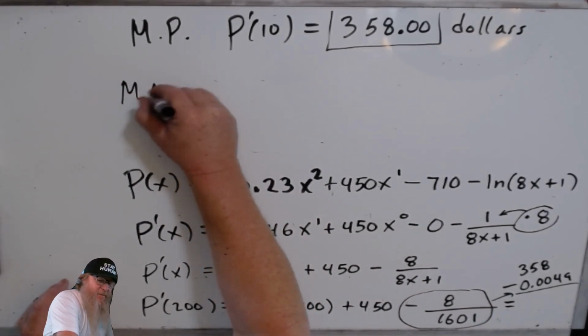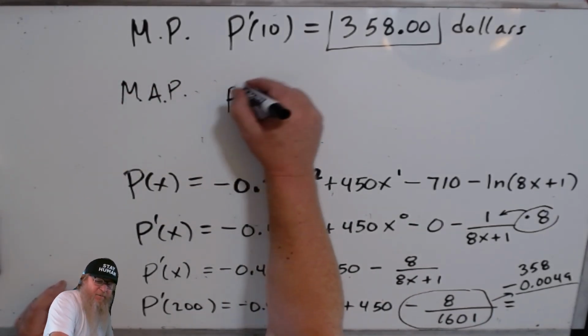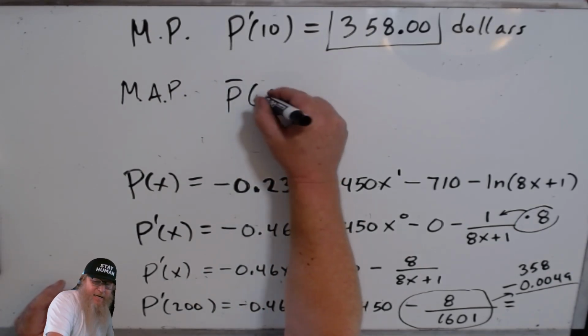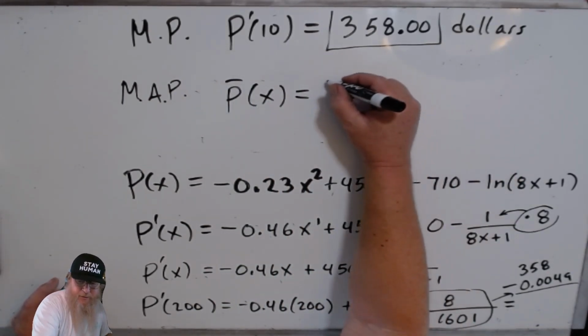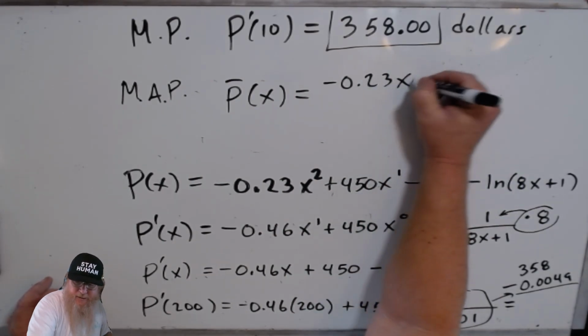So now we got to do the marginal average profit. First, we need the average. And this is a little bit more work.